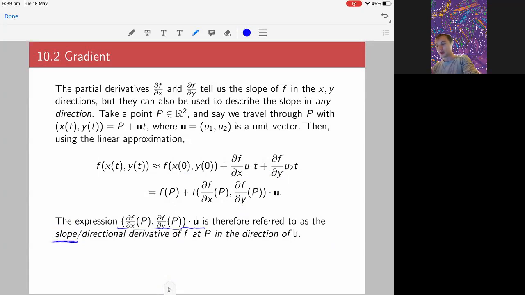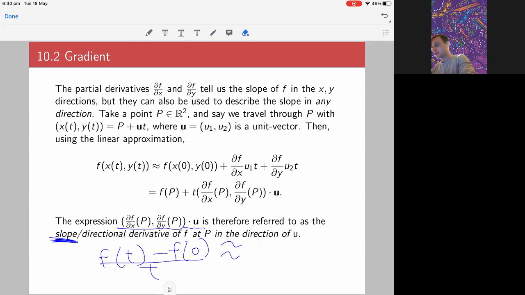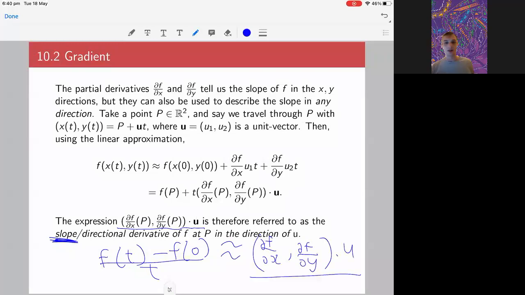You can also think of this as the slope, because if you take f of t minus f of 0, this is approximately equal to t times this vector here dot producted with u, and then divide by t. So this is the directional derivative.